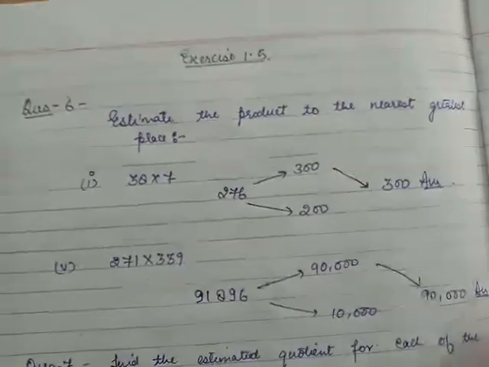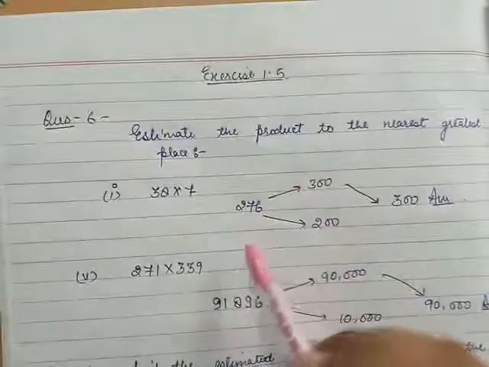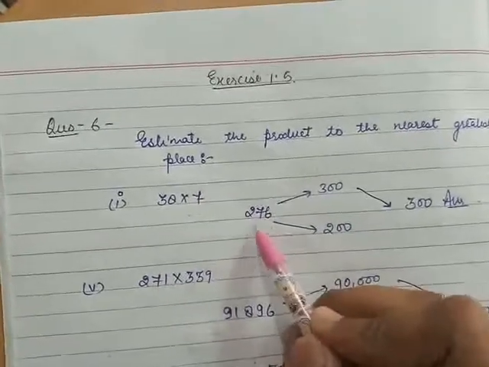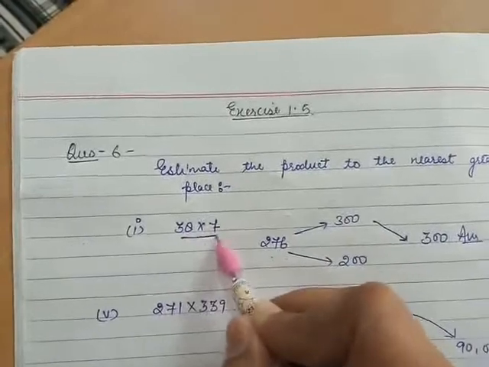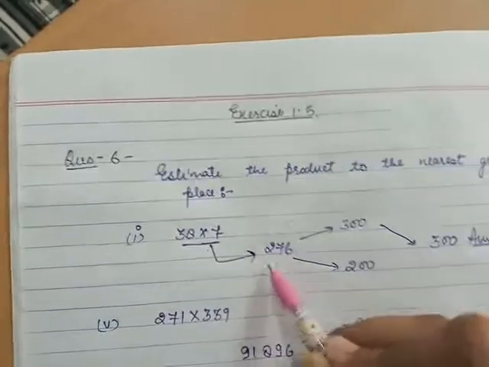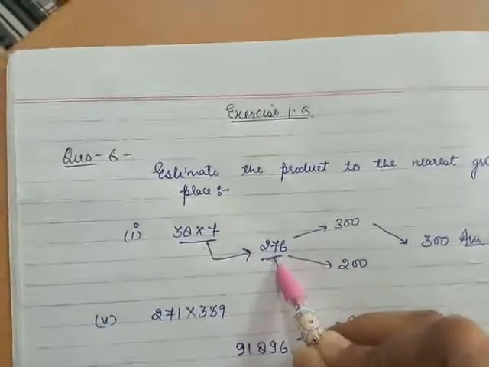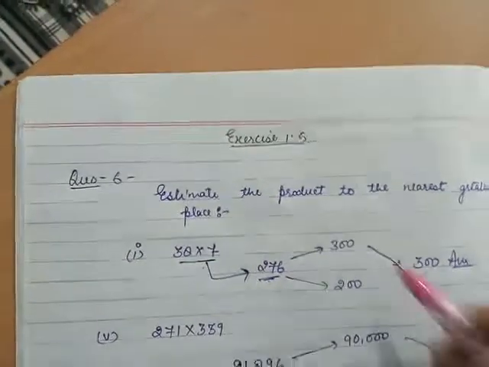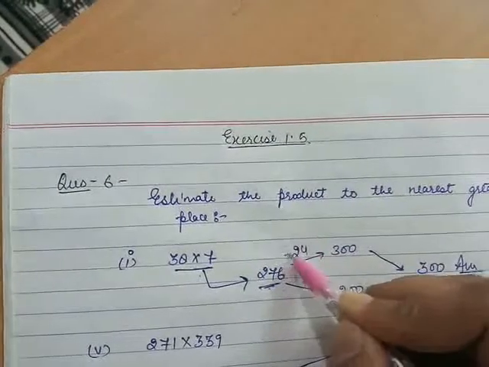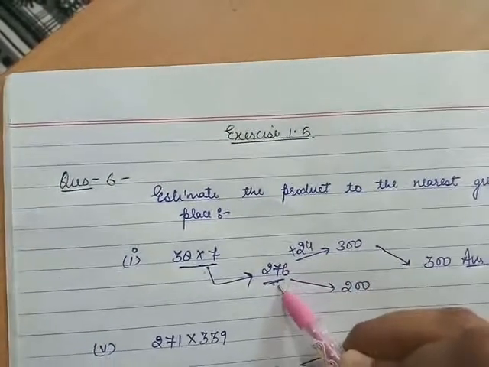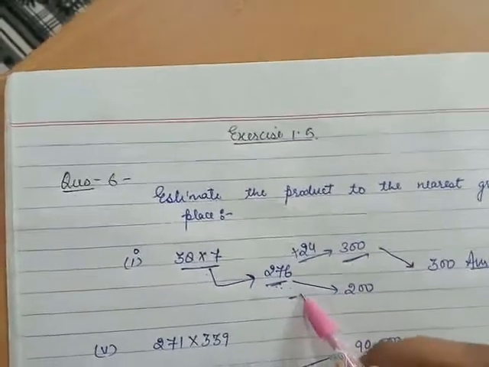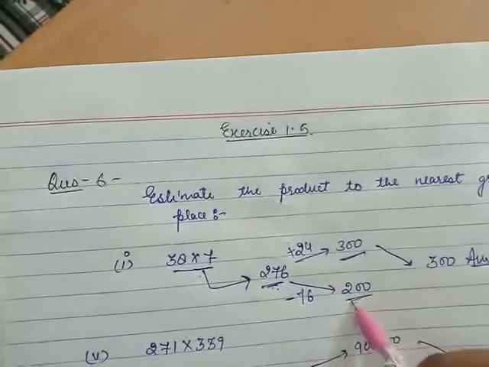Here is your solution. Question number 6, first part was 38 multiplied by 7. When you multiply these two, you will get 276. If you add 24 to this, you will get 300, but if you subtract 76, you will get 200.